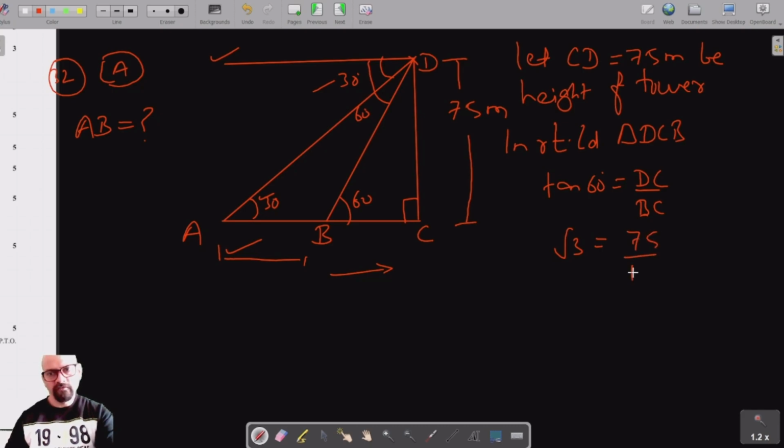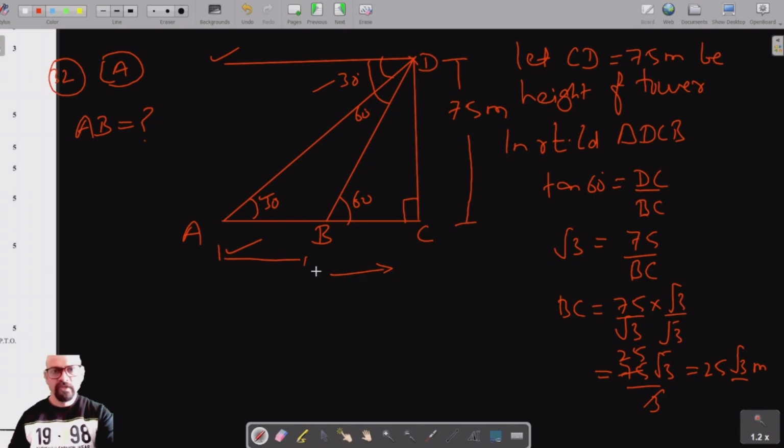DC is 75, which gives us BC. So BC is equal to 75 by root 3, and rationalizing the denominator gives us 75 root 3 divided by 3, which is equal to 25 root 3 meter. So we have got BC, it's 25 root 3 meter.